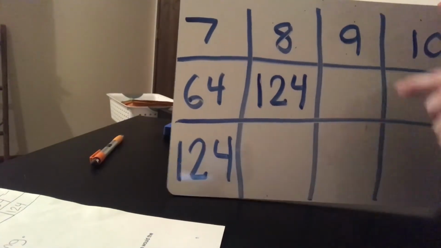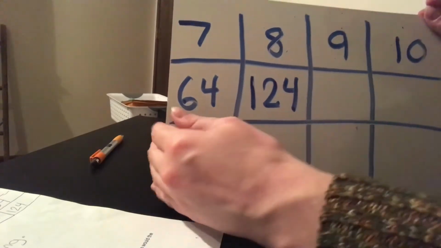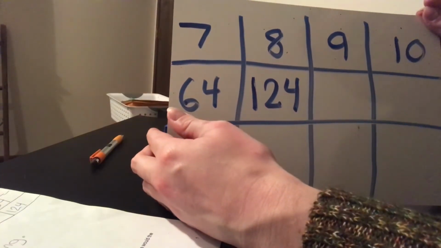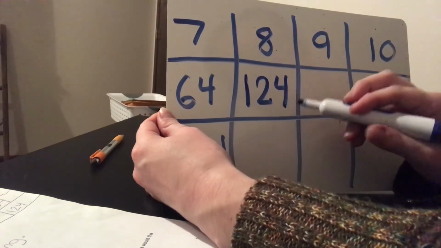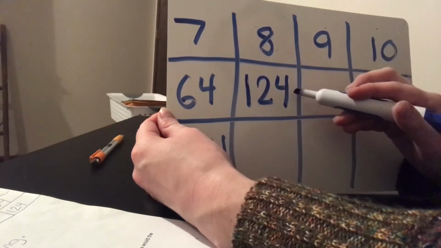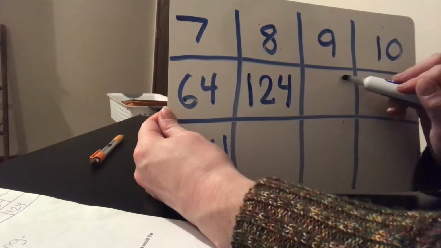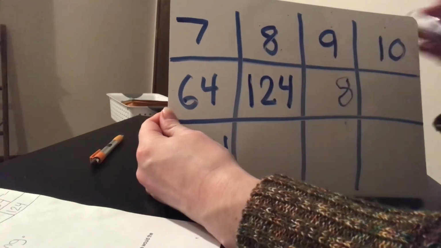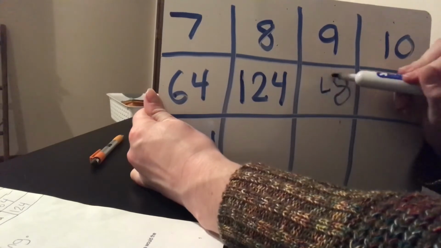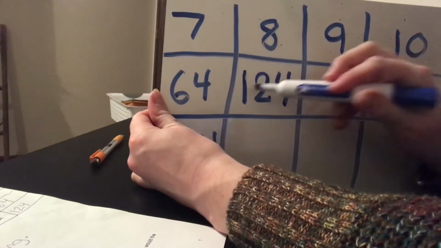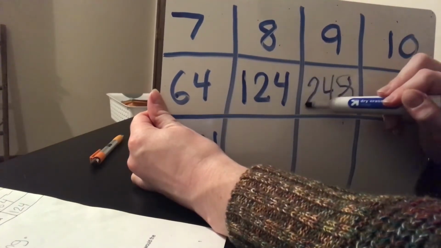So if I was to double 124, that means I multiply it by 2. If I'm multiplying each one of these by 2, 2 times 4 is 8. Oops, sorry for my terrible 8. 2 times 2 is 4, and 2 times 1 is 2.